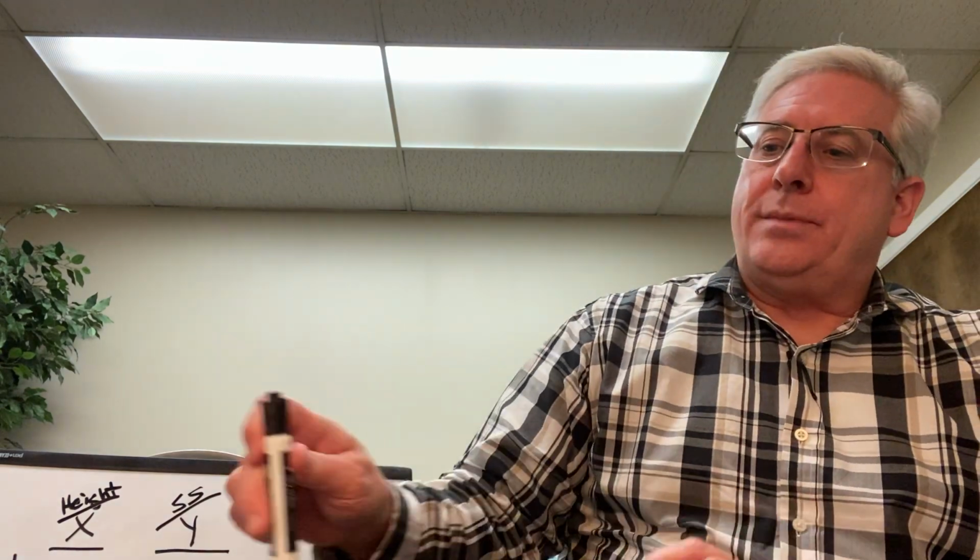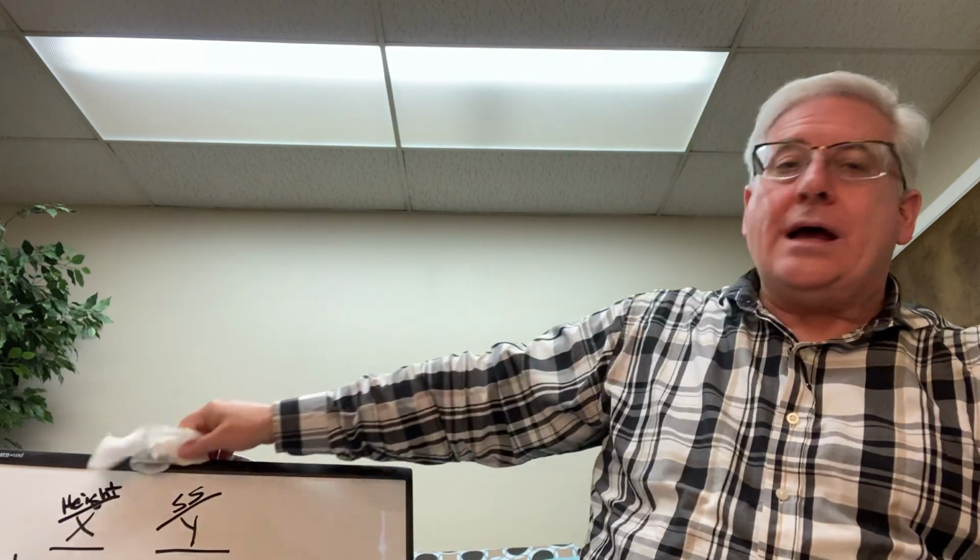Now, with height and shoe size of adult males, do you think that we could do a pretty good job of predicting what someone's height is if we know their shoe size? Or do you think we could do a pretty good job of knowing someone's shoe size if we know their height? No, it's not going to be perfect, because I know tall people with not too big a shoe size. I also know short people with great big feet, but that's very rare.